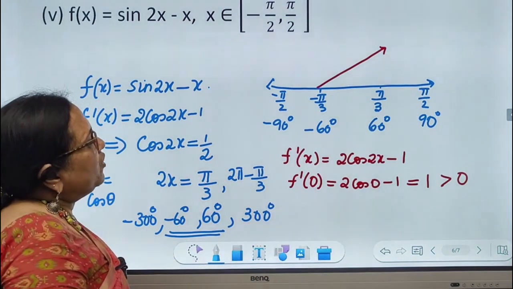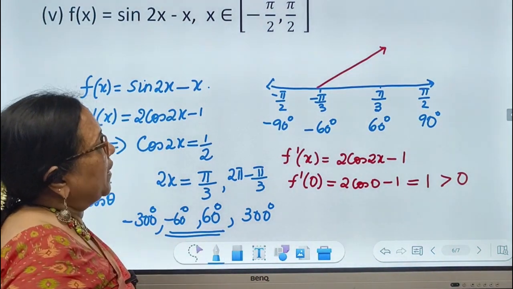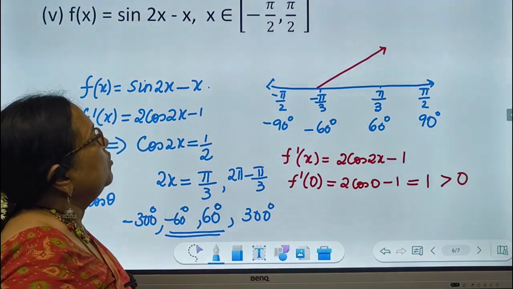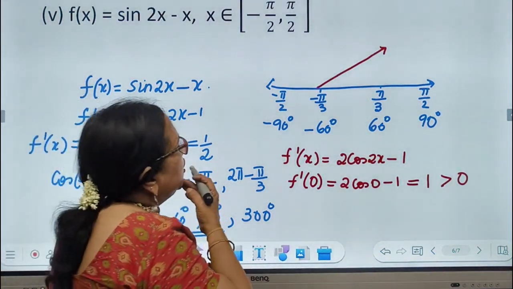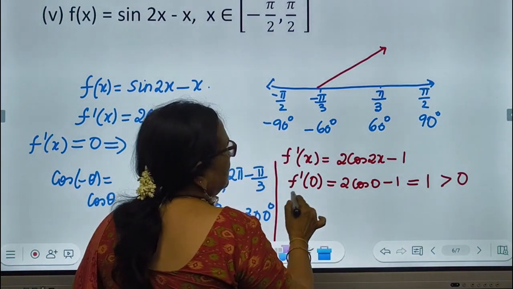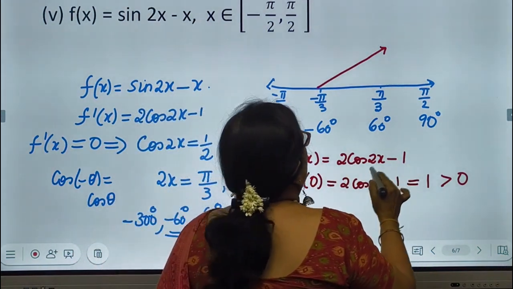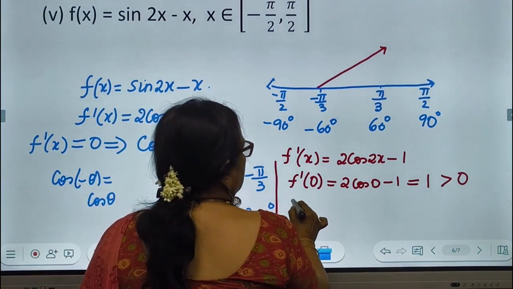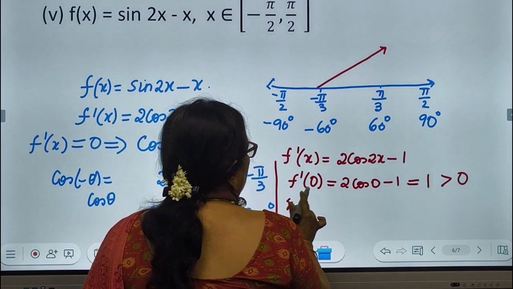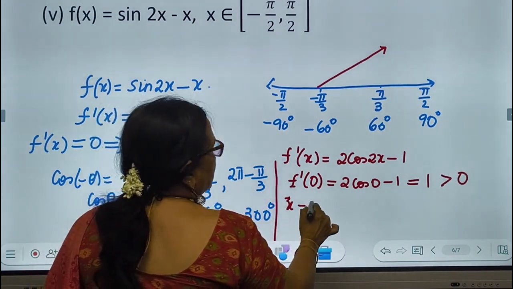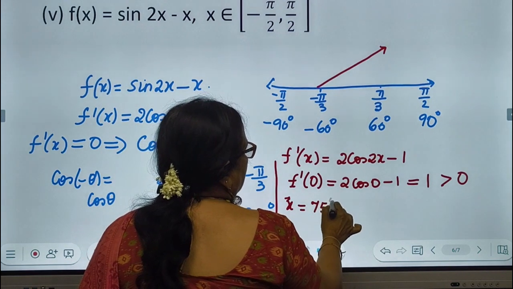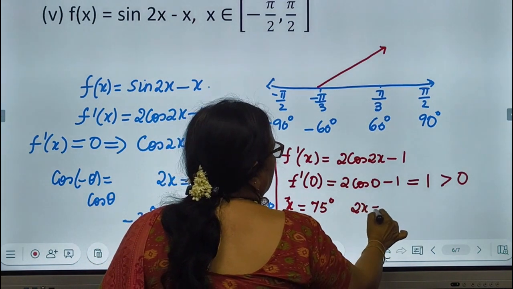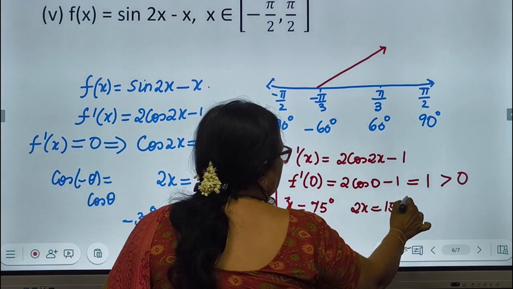Now, I have to find the behavior between pi by 3 and pi by 2. I have to take some value. In fact, I am going to just take 75 degrees. Then 2x will be 150 degrees.